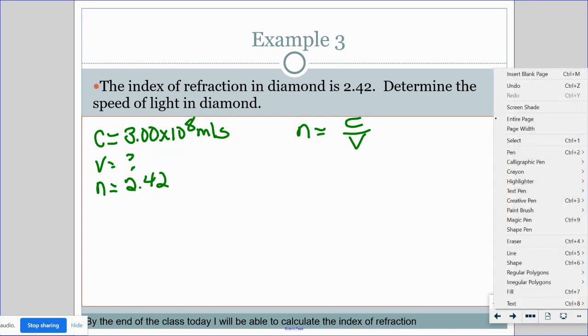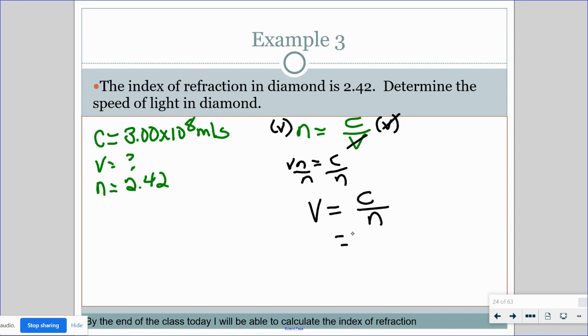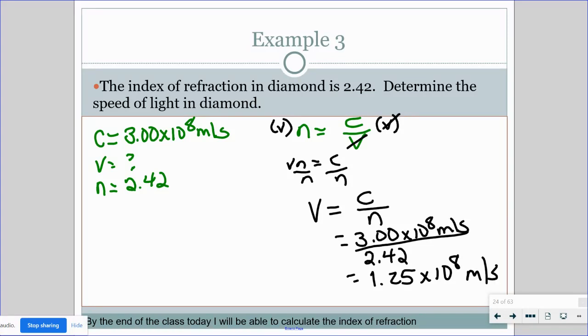So if we look at how to isolate V, I want to get rid of V from the bottom, so I multiply on both sides by V. Now I have V times N equals C. Well, to get V by itself, I have to divide by N. So here, V is equal to C divided by N. Now I can put my numbers in: 3.0 times 10 to the 8 divided by 2.42, and I get 1.25 times 10 to the 8 meters per second.